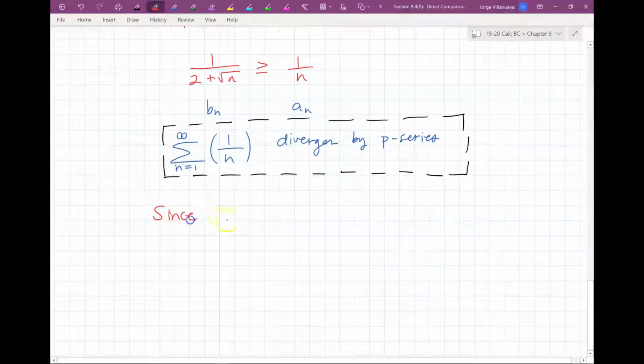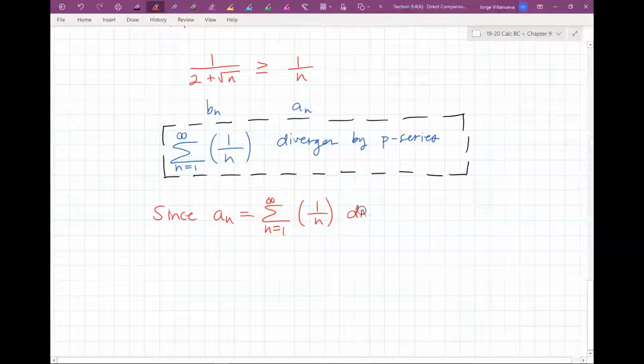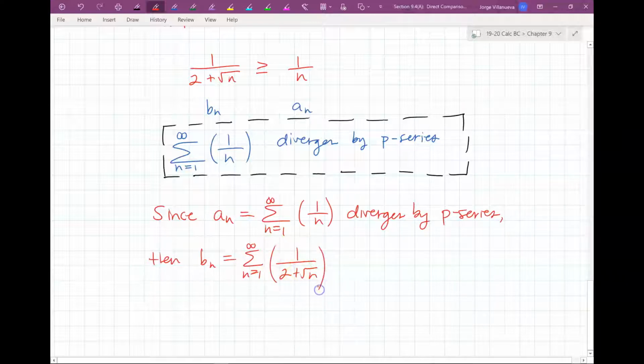Since a sub n, the sum as n goes from 1 to infinity of 1 over n, diverges by p-series, then b sub n, the sum from 1 to infinity of 1 over 2 plus radical n, also diverges by direct comparison test.